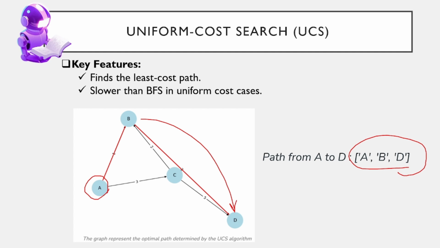It always expands based on the total accumulated cost, not the number of hops. So a path with fewer edges like A, C, D at a cost of 8 loses entirely to a path with more edges, A to B to D, simply because the total cost is lower.